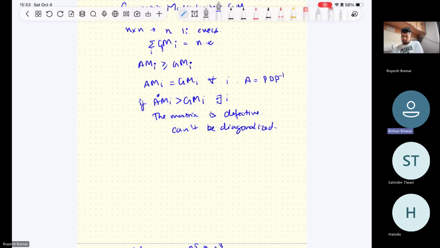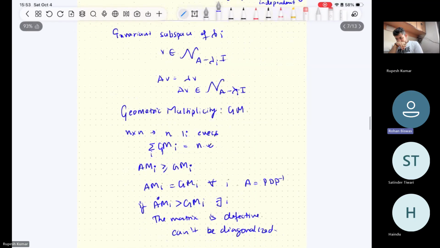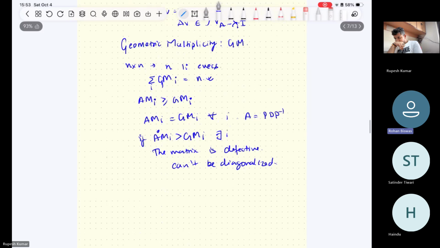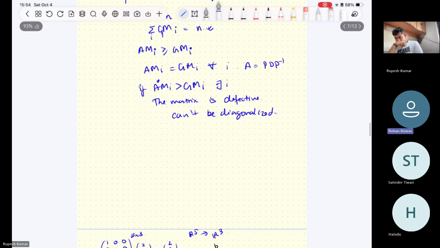So from the characteristic equation, eigenvalue repetition and that nature could be found out. But the geometric multiplicity, which essentially connects with the null space of A minus lambda I, can we look at it from the characteristic equation, or does the characteristic equation reveal nothing about the geometric multiplicity?